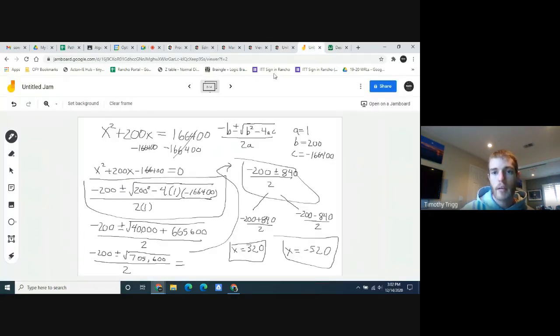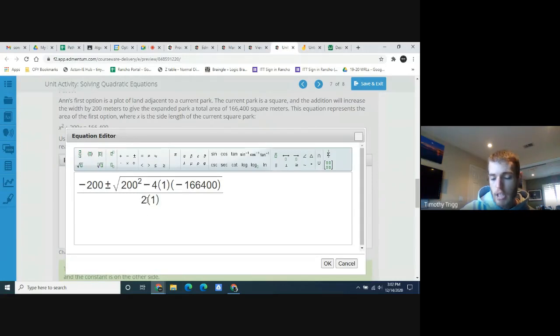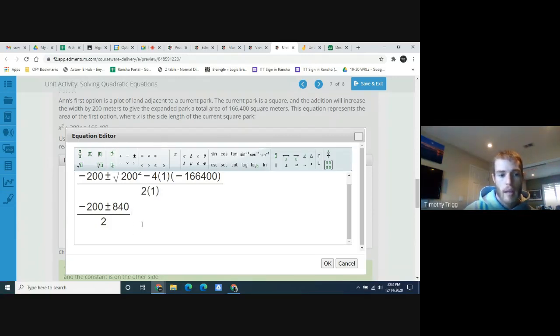Maybe we could show this one, which eventually comes out to negative 200, plus or minus, and this was 840, I believe. Divided by 2. And that gave us the two answers.